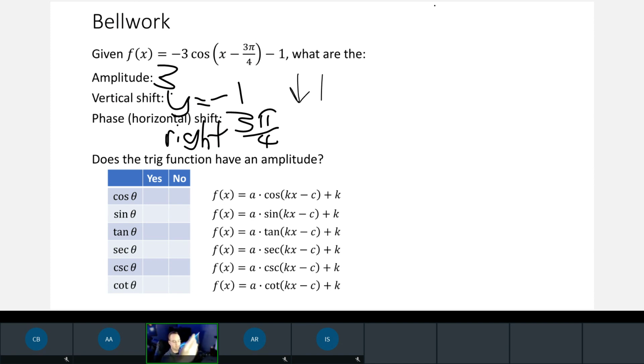Why wouldn't that be an answer? It wouldn't make much sense. Yeah, it's a little redundant saying down -1. Whenever you give a shift direction, for vertical, it's either up or down that many units, and for phase shift, it's either left or right that many units. Shifting is never negative. That's why you tell me the direction.